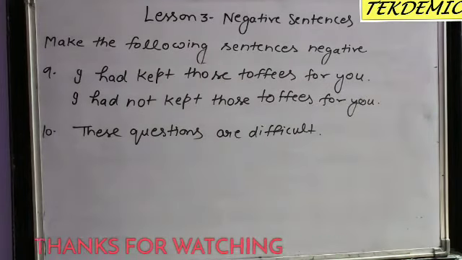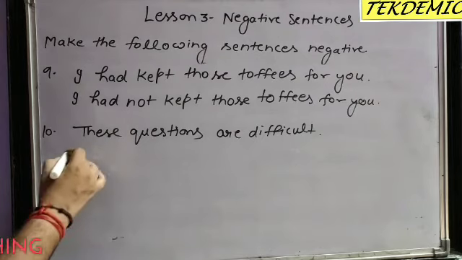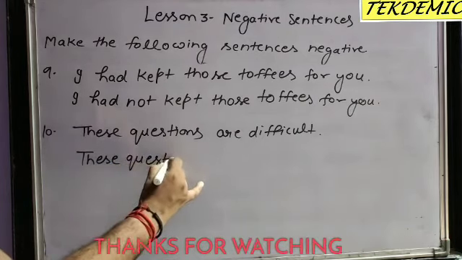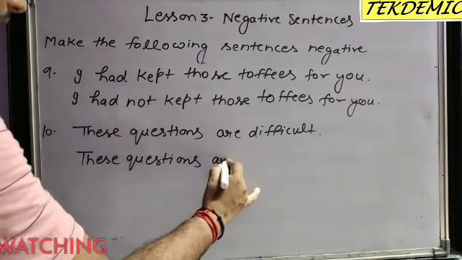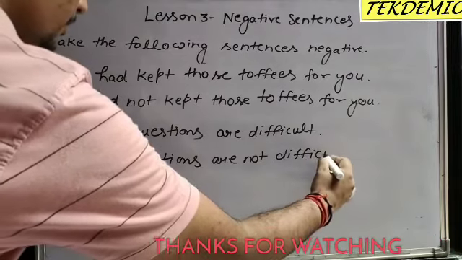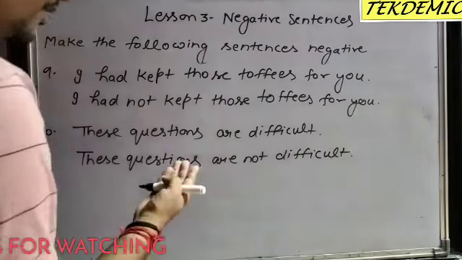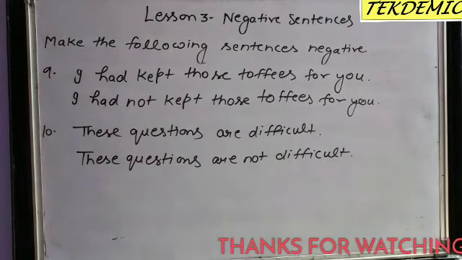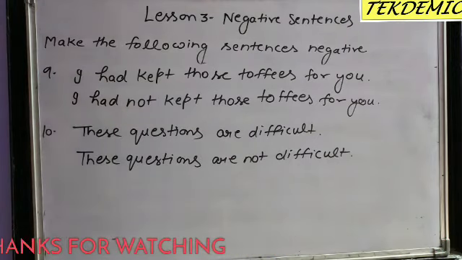And number 10 is, these questions are difficult. So, these questions are not difficult. We have placed not just after the helping verb, and the helping verb is are in this sentence. So, these questions are not difficult.